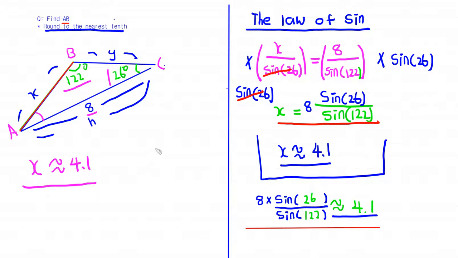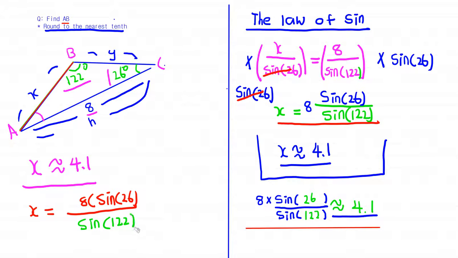We could have written that x is equal to 8 times sine of 26 over the sine of 122.